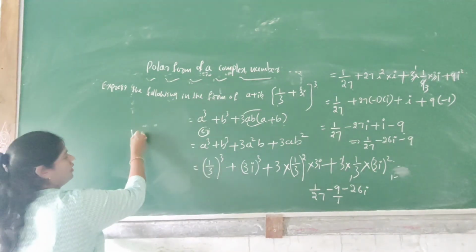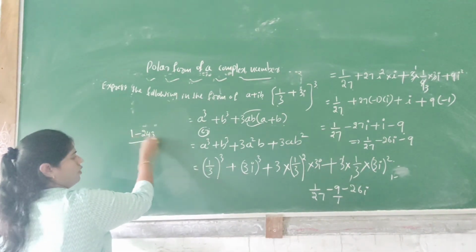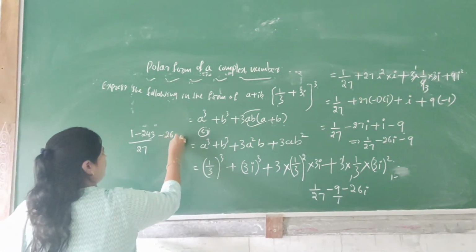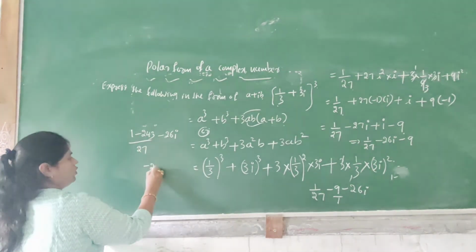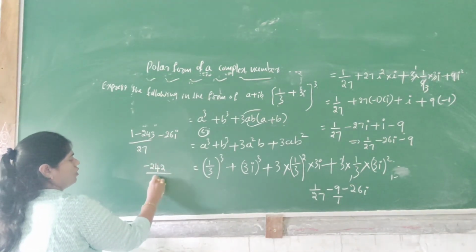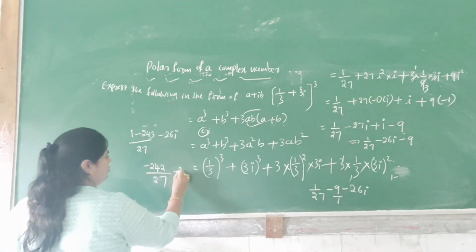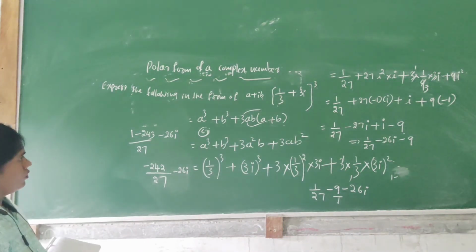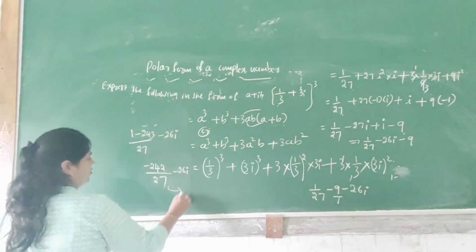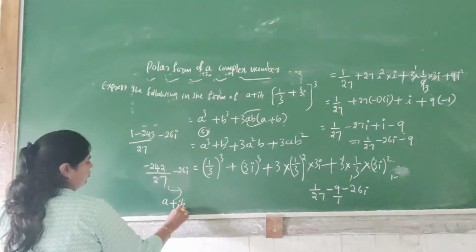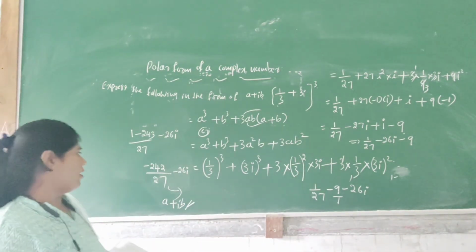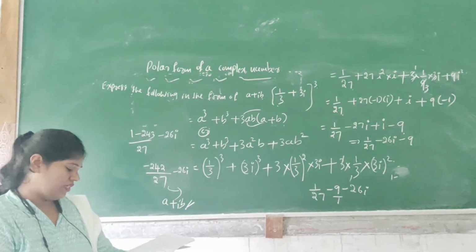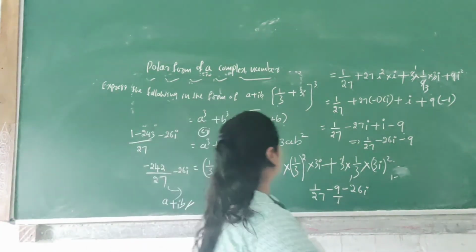So 1 minus 243 divided by 27 minus 26i, which is equal to minus 242 divided by 27 minus 26i. So it is of the form a plus ib. No problem, this is the a plus ib form, and it lies in the fourth quadrant: minus 242 divided by 27 minus 26i.